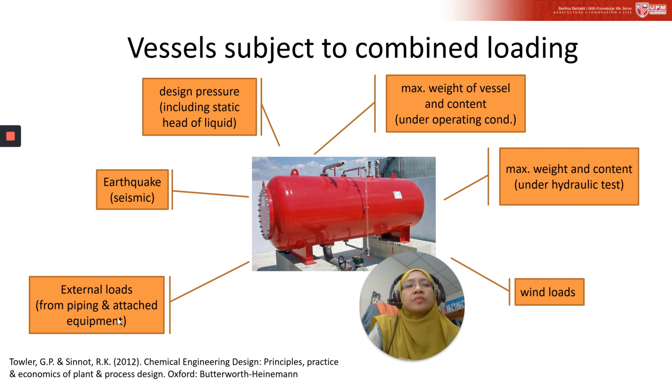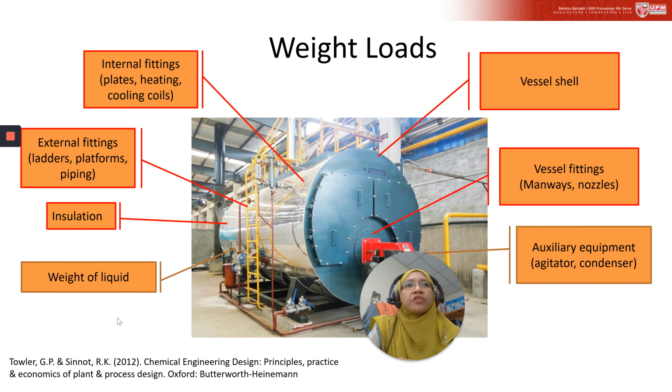Then let's look at the weight loads. The major sources of dead weight loads are the vessel shell, vessel fittings, for example the manways, nozzles, and internal fittings such as plates, plus the fluid on the plates, and heating and cooling coils.